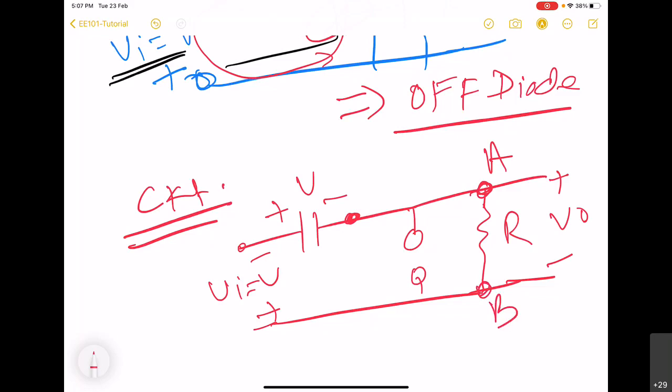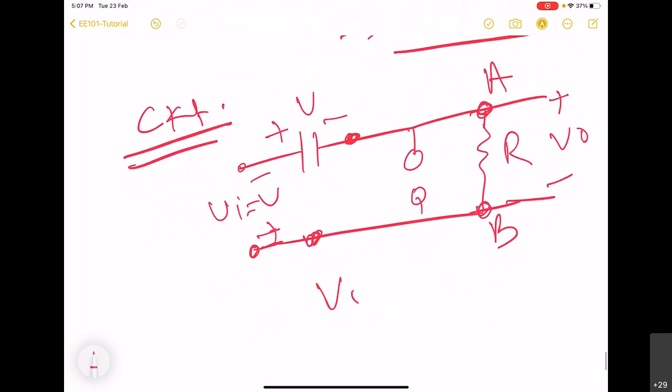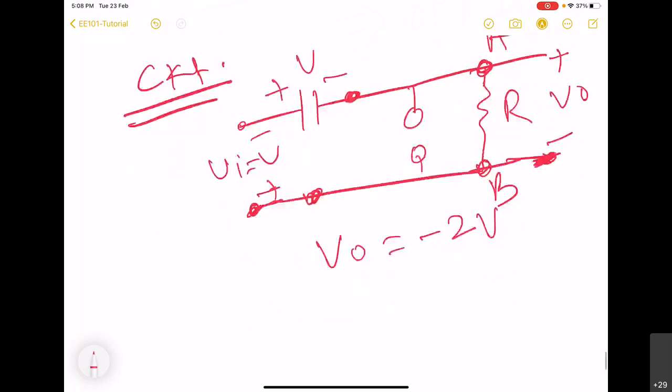Node B is connected to the now positive terminal of the input, and both are V. So what VO is going to be now is, magnitude wise, 2V, this V plus this V, right? But we are measuring opposite polarity. This one is positive, but for measurement we are taking this as negative. So this is going to be minus 2V during the second half.